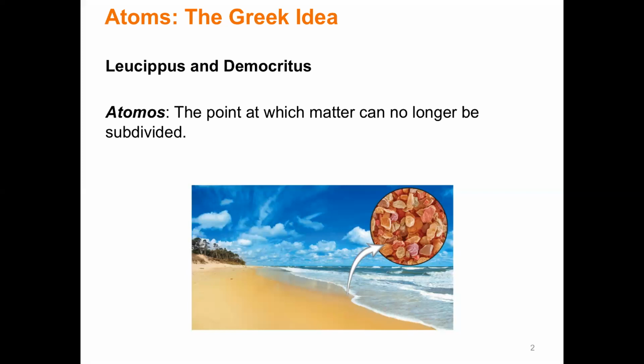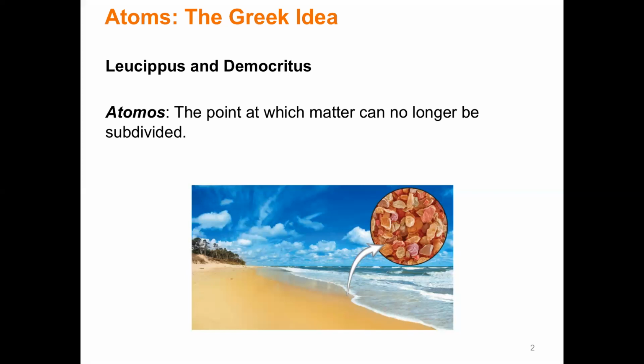The first two philosophers that are given credit for actually being on the right idea were Democritus, and someone who came slightly after him, Leucippus. You can learn more about these two individuals and how they were related to each other in terms of their thinking in your text.